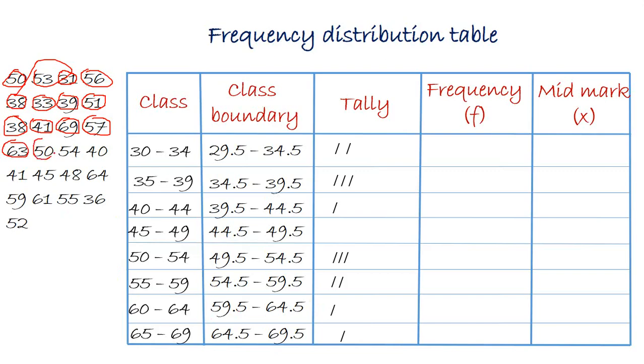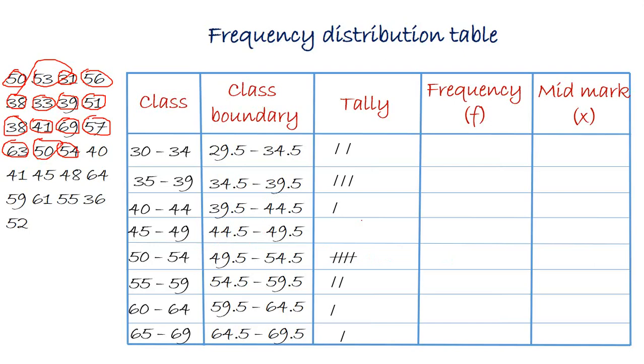50 is in the class of 50 to 54. So I'll put it here. Then the next is 54. 54 is in the class of 50 to 54. We can now make a bundle of 5, so I'll close that bundle.